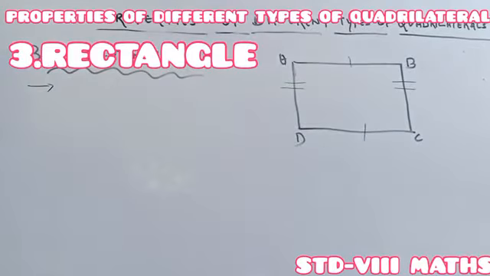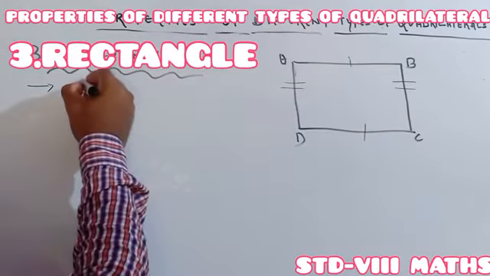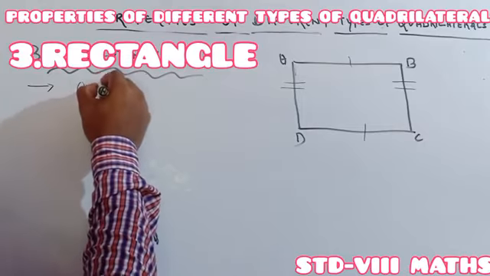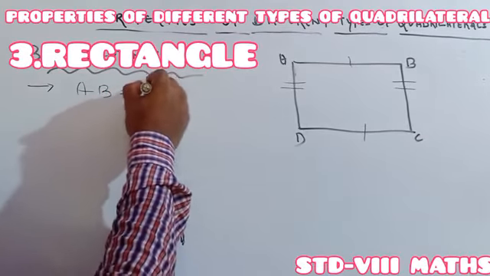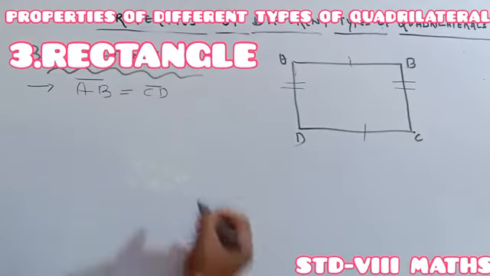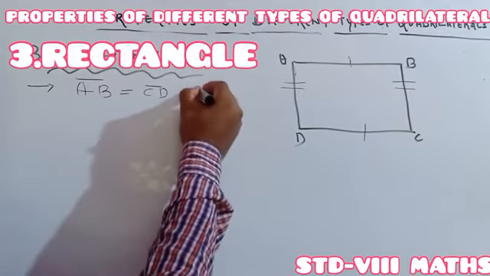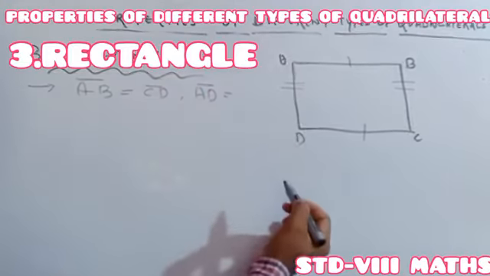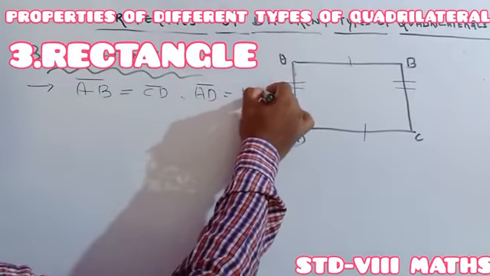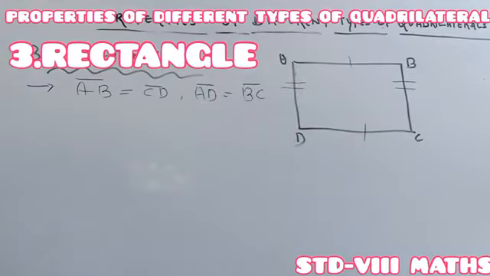So opposite sides are equal means AB is equal to CD, the line segment AB is the same as CD, and the second one, AD is equal to BC.